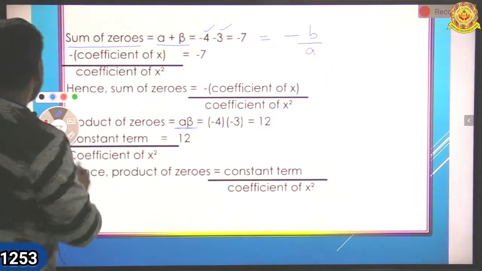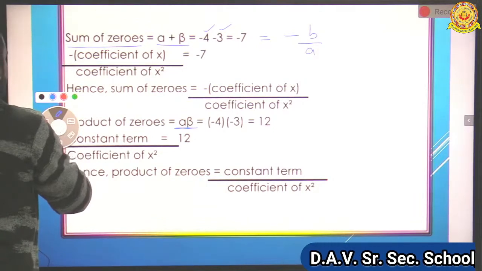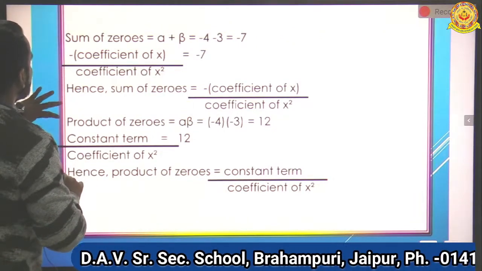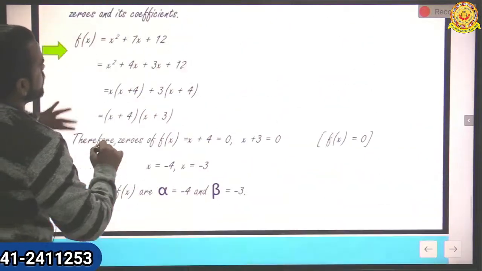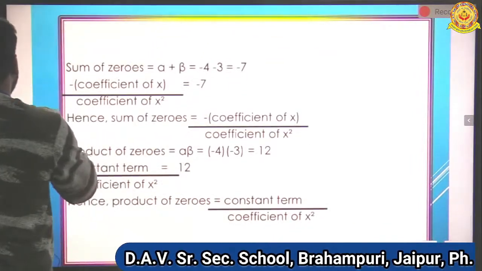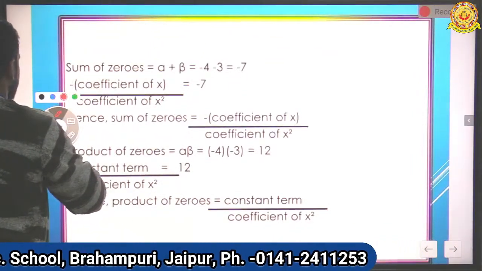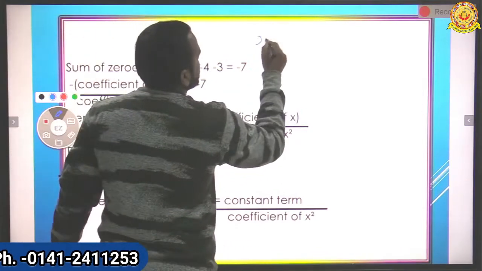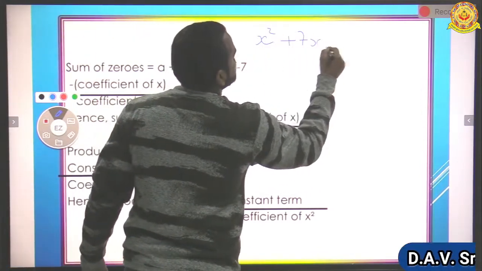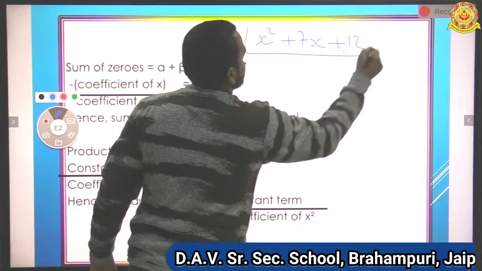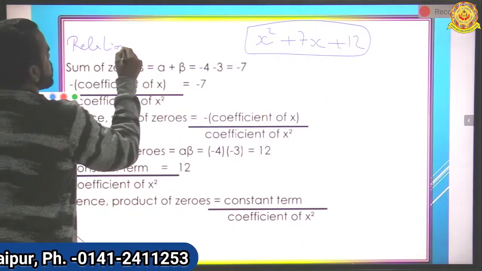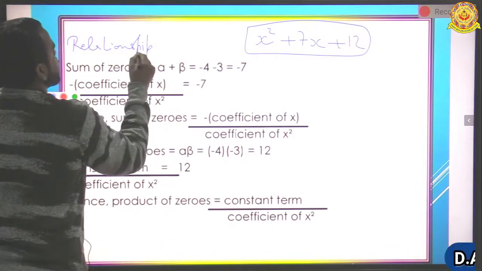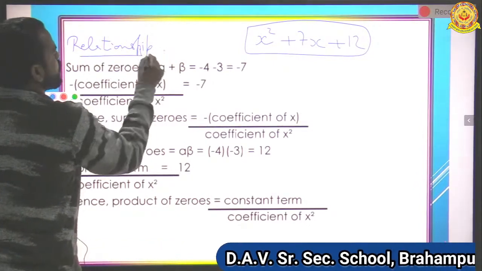What was the equation? Look at the previous slide. Our equation was x square plus 7x plus 12. So I will write here, x square plus 7x plus 12 was the equation, and this is the relationship between zeros and the coefficients.